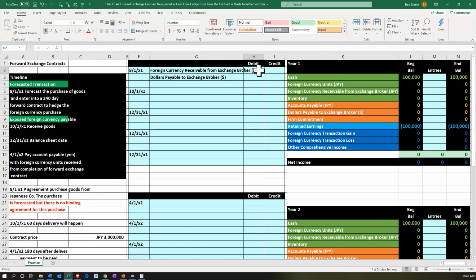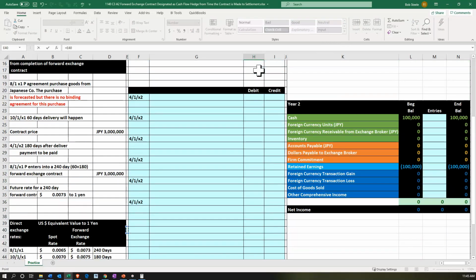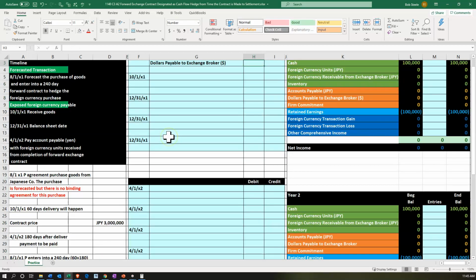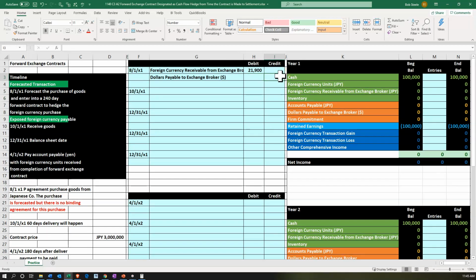Let's do the same calculation in this cell by saying equals this 3 million. We'll pick up the 3 million right there on the way down, and we're going to be picking up that 0.0073. That's going to be the 21,900. There's the debit, there's the credit. Let's put this on the books. This is going to be the receivable side.